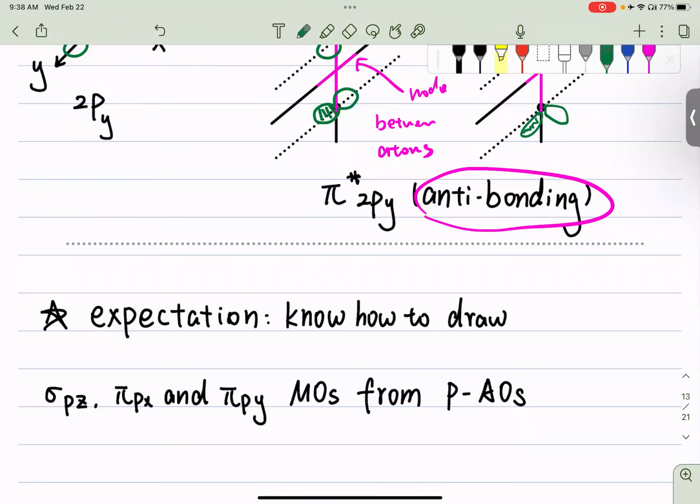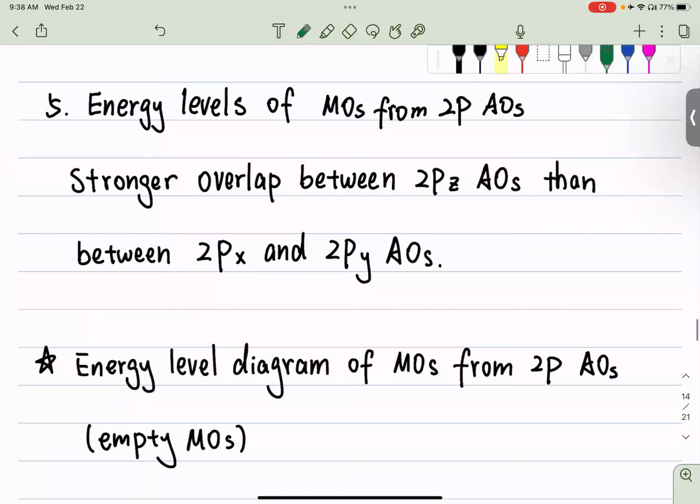All right. And then we can use these newly constructed molecular orbitals of the 2p atomic orbitals to create molecular orbitals, and also the correlation diagram. Before we move on, I want to highlight something, is that the molecular orbitals coming from the 2pz atomic orbitals are generally speaking stronger than the 2px and 2py, because we have more overlap with each other.